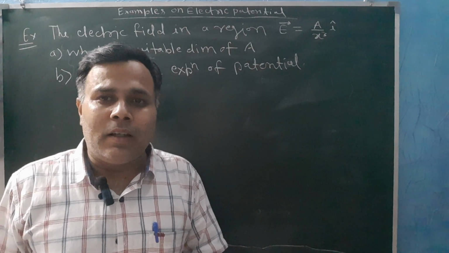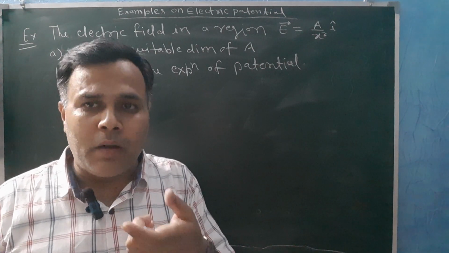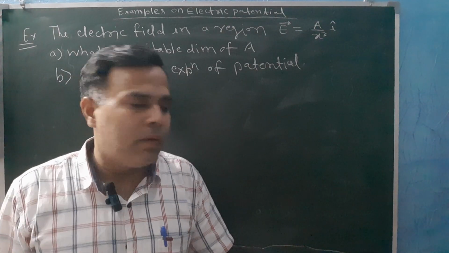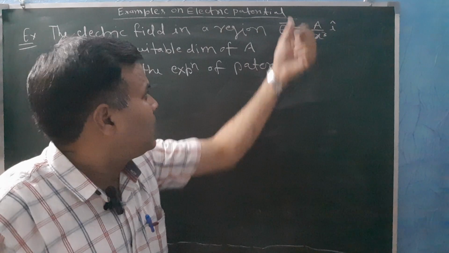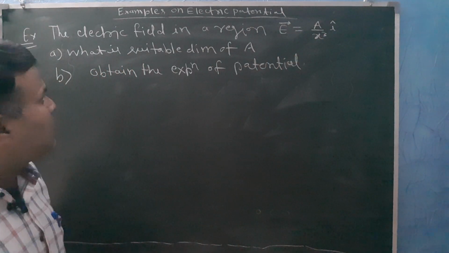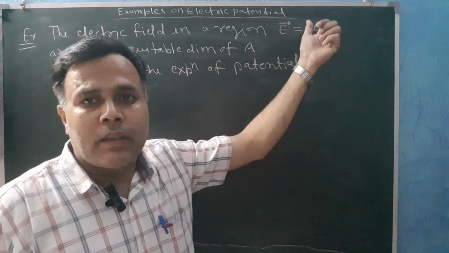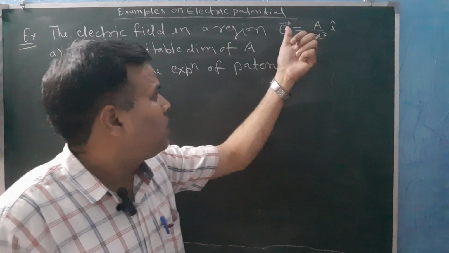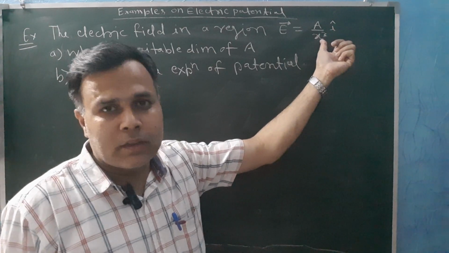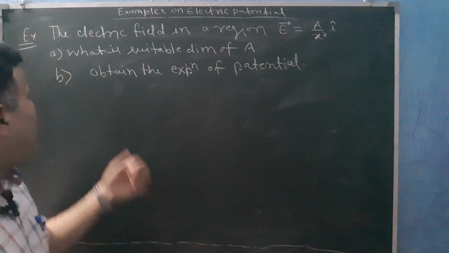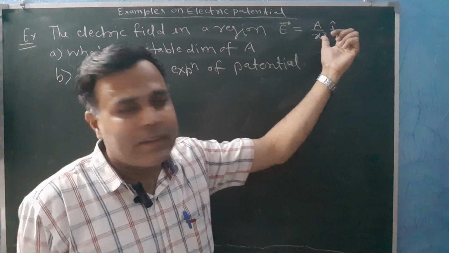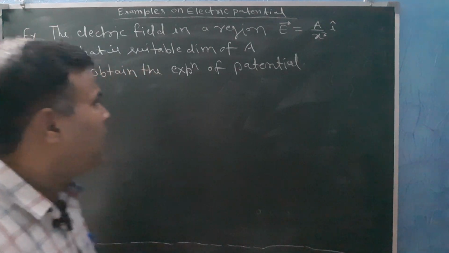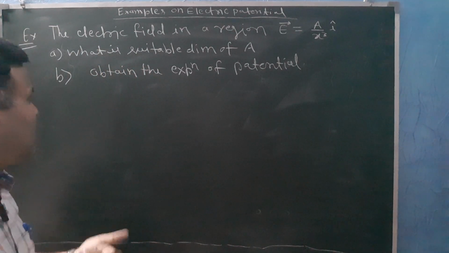Unit and dimension is a very important parameter in every unit of physics. So in the first section, we have to find out the dimension of this unknown quantity A. We have information about E and about x. x is a length, so it has dimension of length; it is in meter or centimeter.